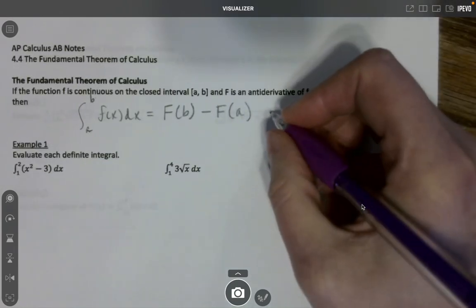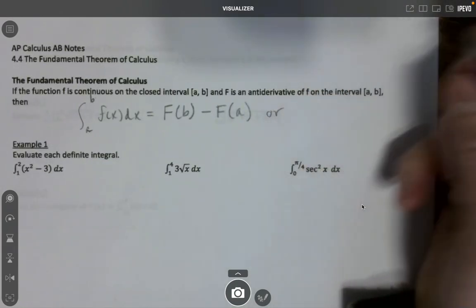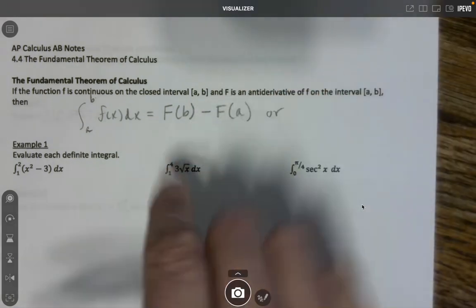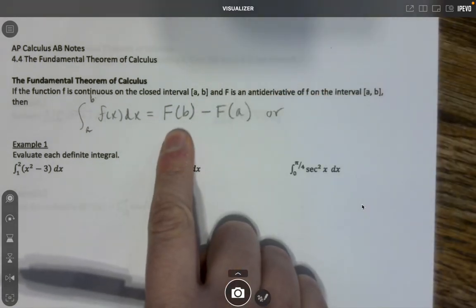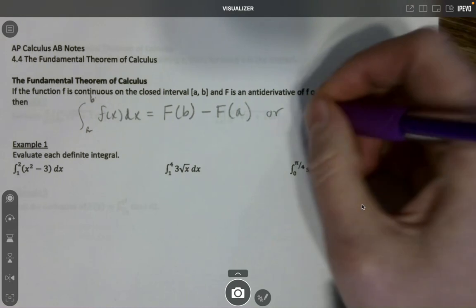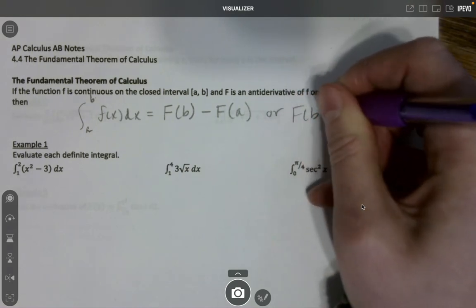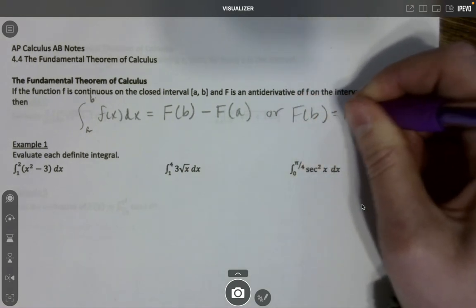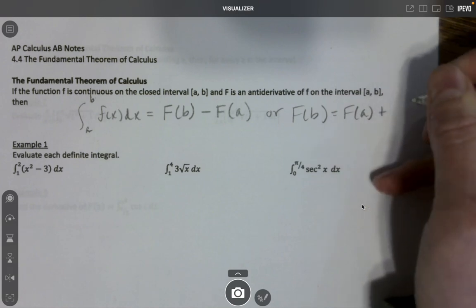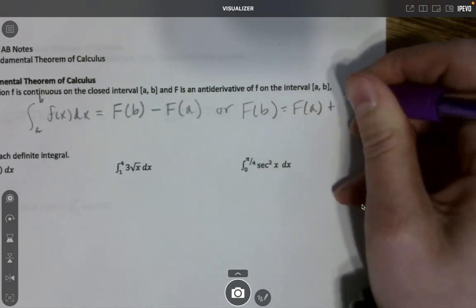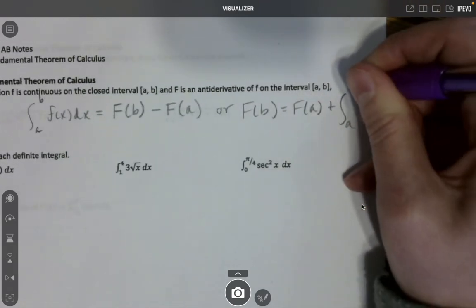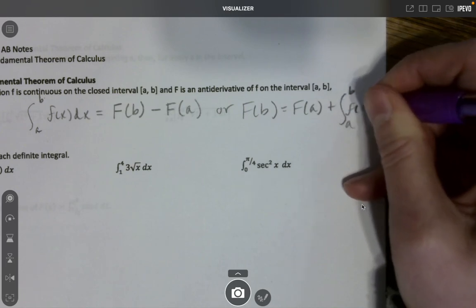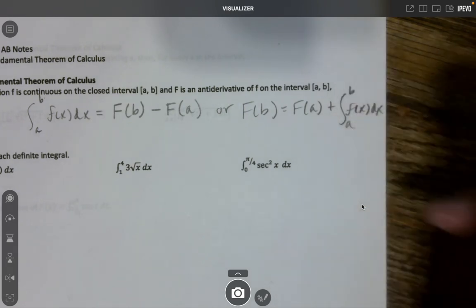Often we will look at this in a different way, where we have solved it for f of b, the second value. So we're going to write that f of b is equal to f of a plus, and we'll do this a lot this year. I just want to mention it right now. I don't want to ignore it and bring it back later.